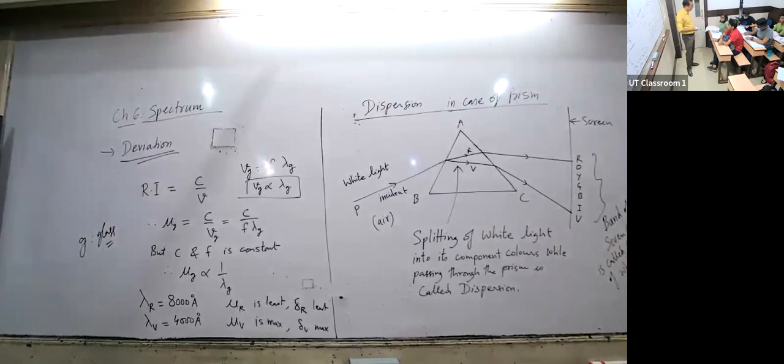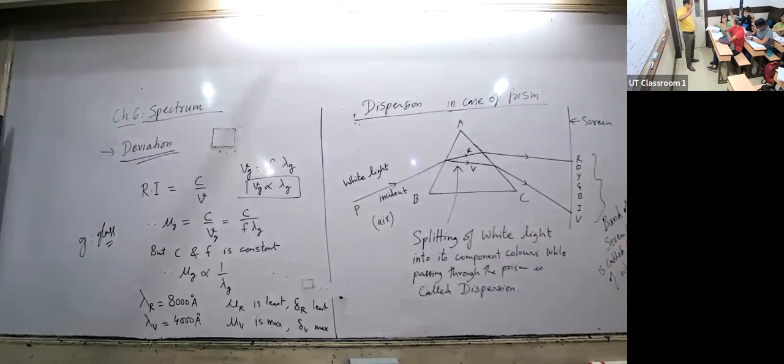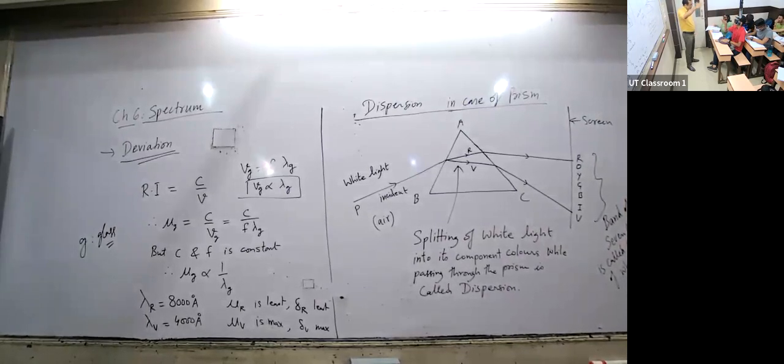So what is spectrum? Spectrum is a band of 7 colors. When a white light passes, it disperses into 7 different colors. It is an arrangement in either increasing or decreasing order of wavelength.